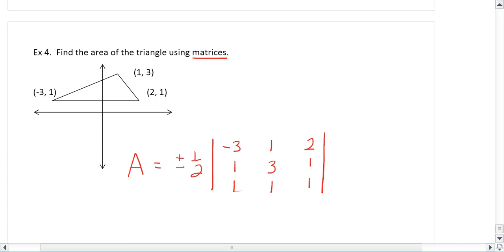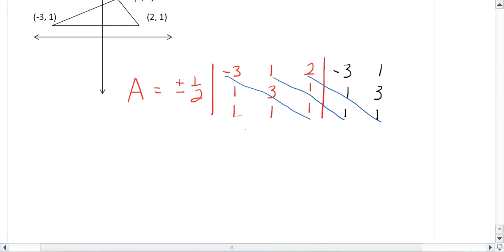So just reviewing, to find the determinant now of this 3x3, we write that first column again and the second column, and that helps us see the major diagonals. I've underlined the major diagonals in blue, so I'm going to leave my plus minus 1/2 here to do later.